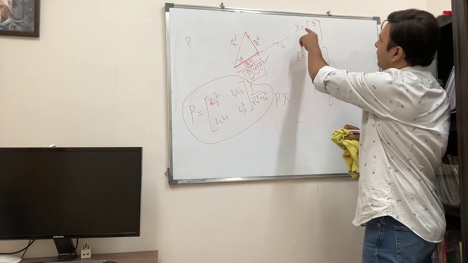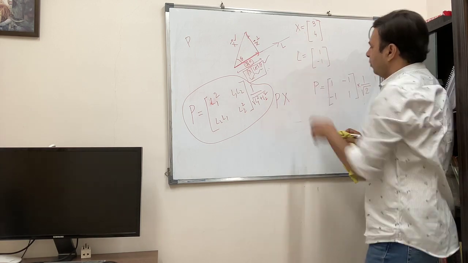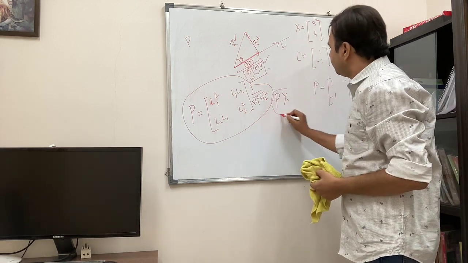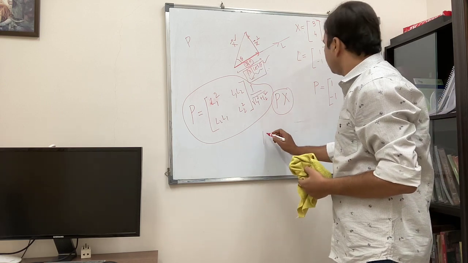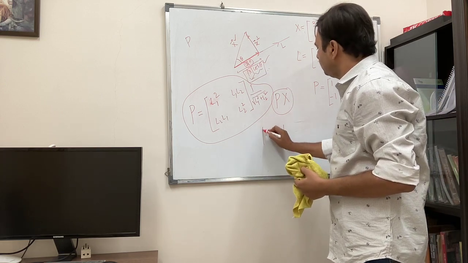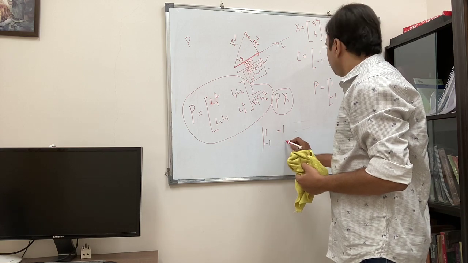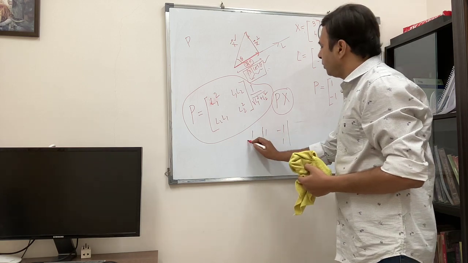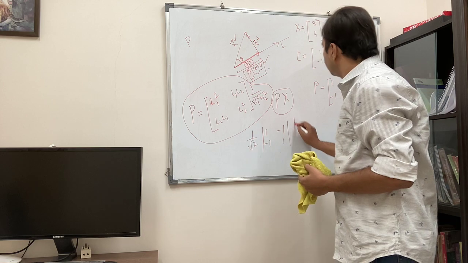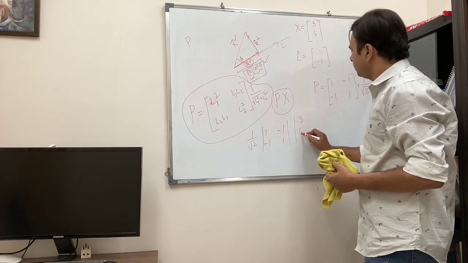If I want to take the projection of x along L, I will compute P times x. P times x is nothing but the matrix (1, -1; -1, 1) times 1 by root 2, and this x was (3, 4).